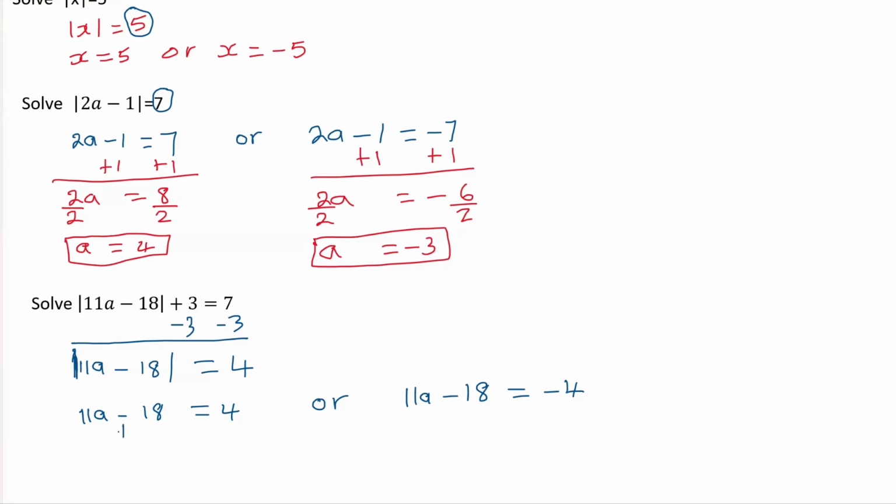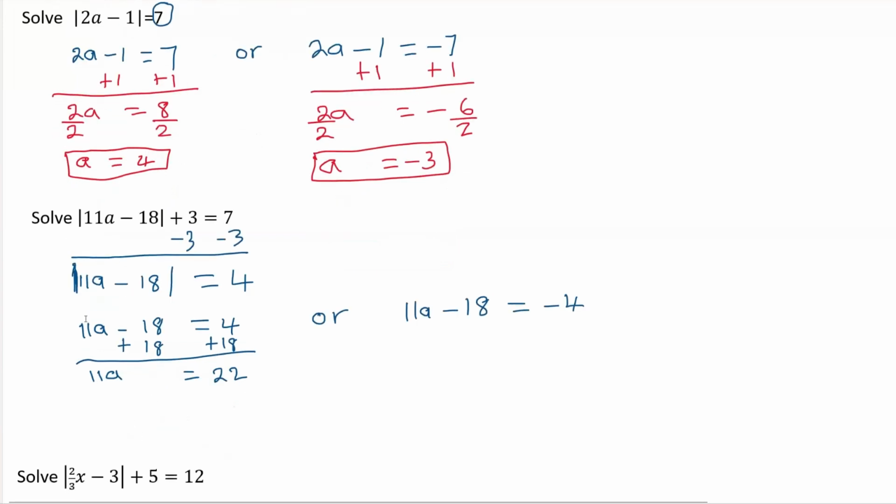We can add 18 to both sides to say that 11a is equal to 22. Then we divide by 11 on both sides to say that a is 2.